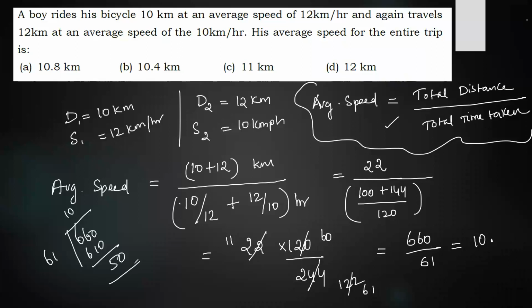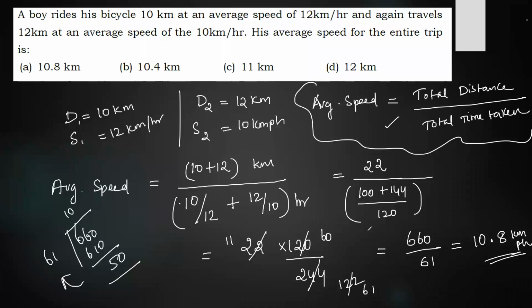Remainder 50, which is nearer to 61, so definitely it will be 0.8. If it were 0.4, then the remainder should be 30. But I am getting a remainder of 50, which is nearer to 61. Therefore it should be 10.8 kilometers per hour in terms of average speed. Is it clear, sir?